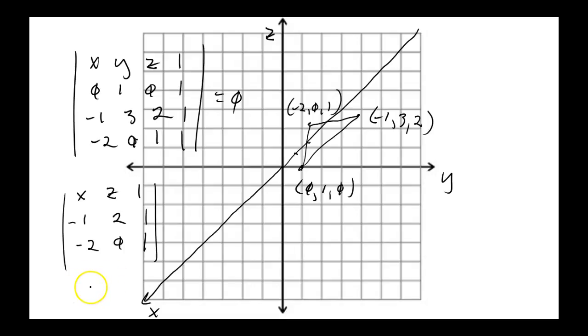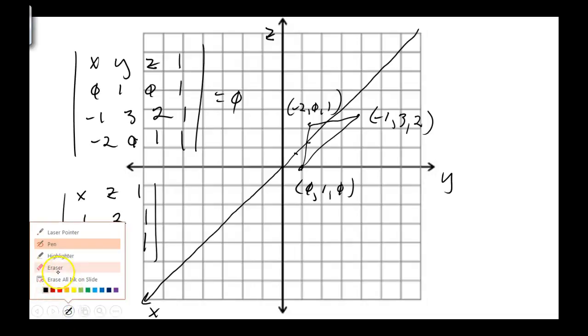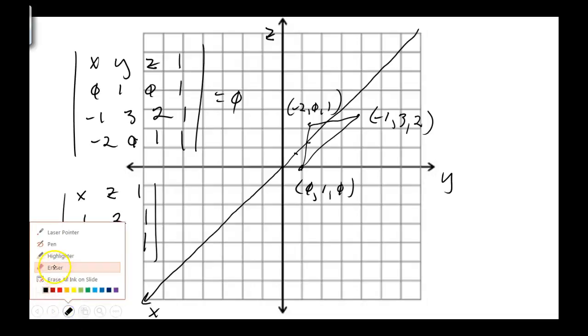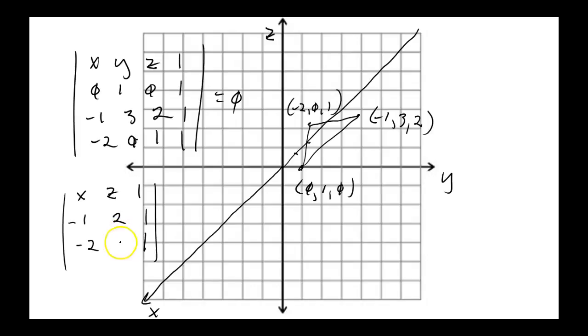I got this one wrong too. The middle one's a 3. Oh, you already fixed that. I changed mine to look like yours and it was messed up. Okay. All right. I think we got it now.